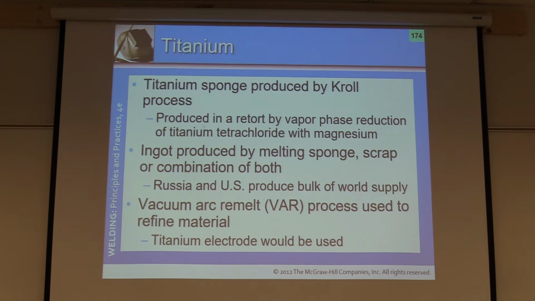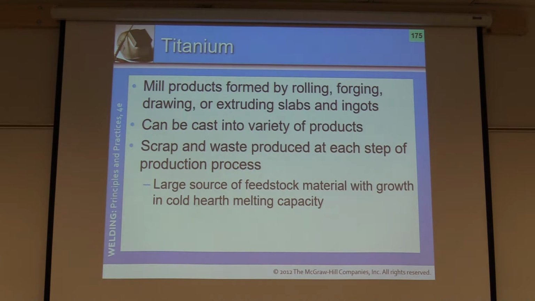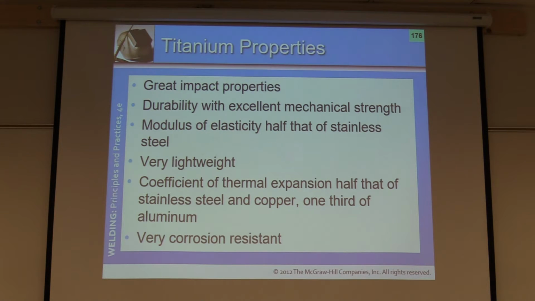You know, the greatest thing about titanium is the medical use of titanium products today. Very good corrosion resistance, very lightweight. The CTEs, the coefficients of thermal expansion, are half that of stainless and copper, and a third of aluminum.